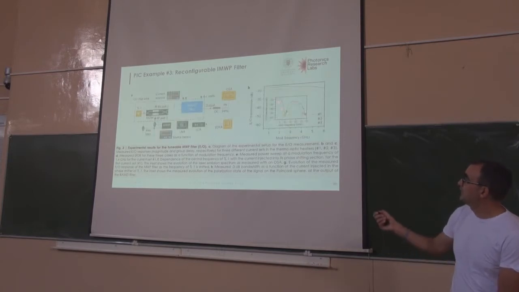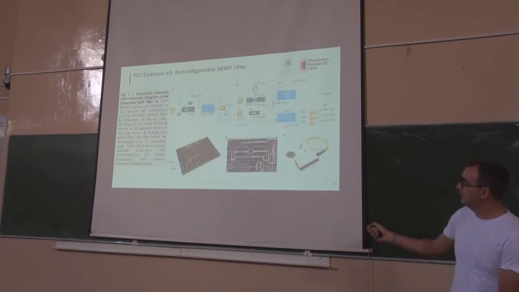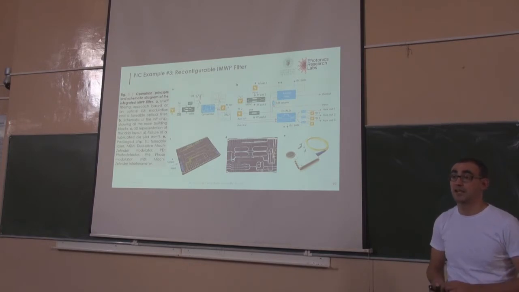Okay, but actually we got here 3 configurations in which you can see that you can reconfigure the filter and you can tune it a little bit, and you can see the different passing bands are wider or narrower. Okay, there are things to consider when designing these chips that are important from a practical aspect.